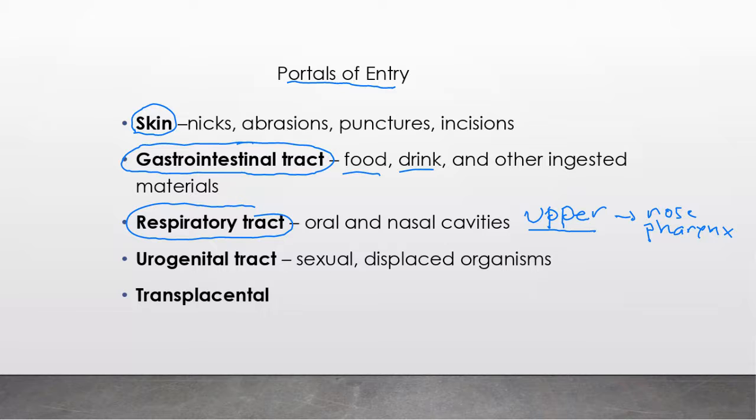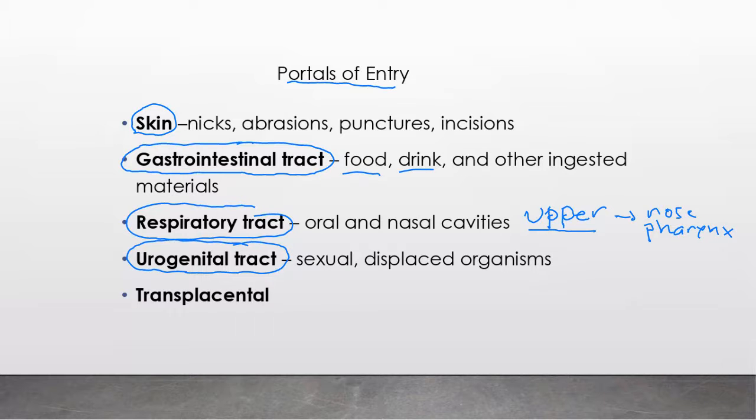The next one will be the urogenital tract. This is mostly the lower part of the urogenital tract, like the urethra and the vagina. This is part of the entry for microorganisms.